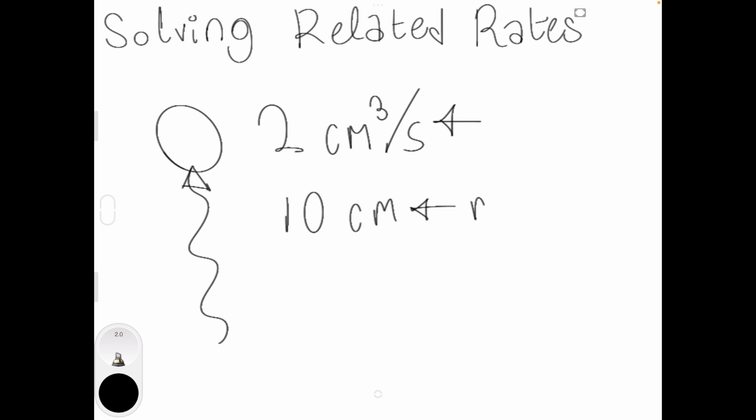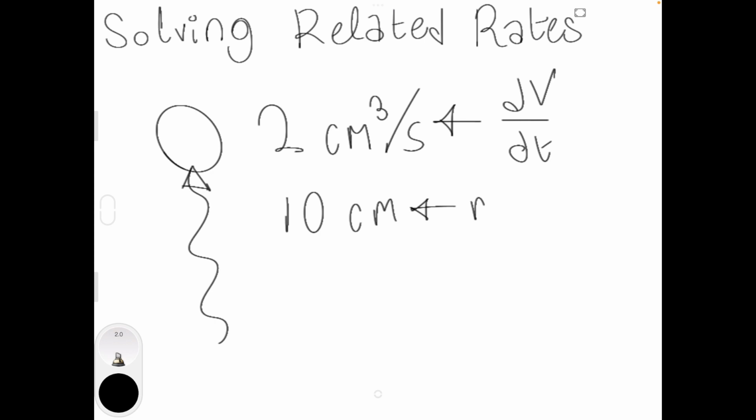So that has to be volume with centimeters cubed, but it's changing per second. So that has to be a rate, a derivative over dt, and we can use v for volume. So the derivative of volume, or the rate of change of volume over time.